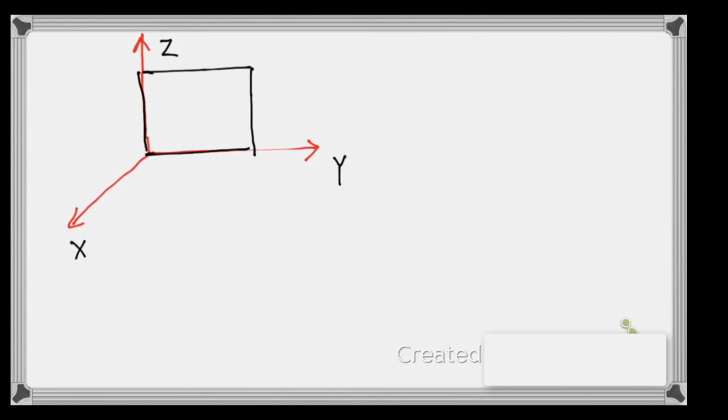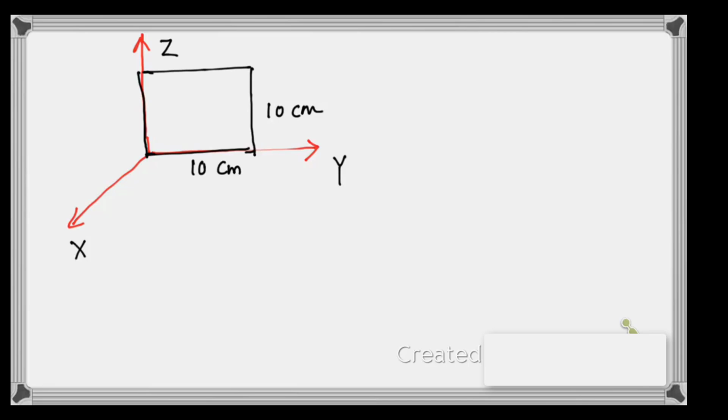First we will draw the Cartesian system and place the square. So here is the Cartesian system, x, y and z. The square is placed in the yz plane. We can place it in any plane, but right now I am placing it in the yz plane. So the square has a side of 10 centimeters.